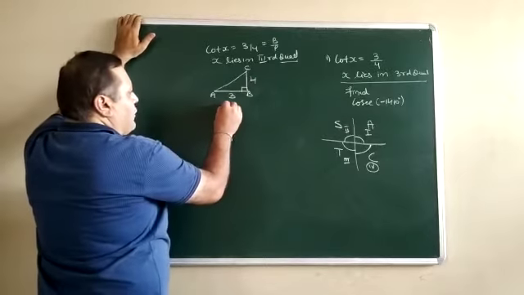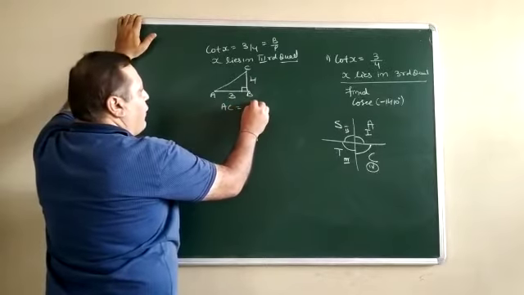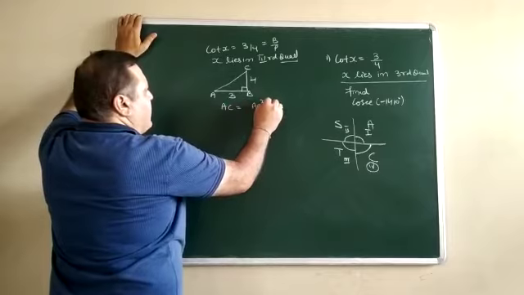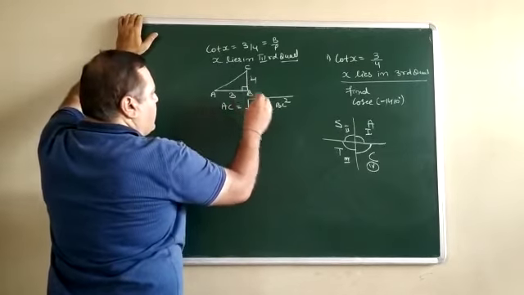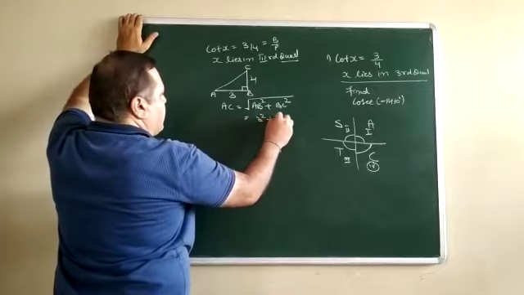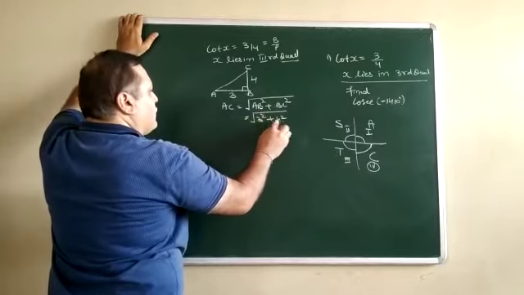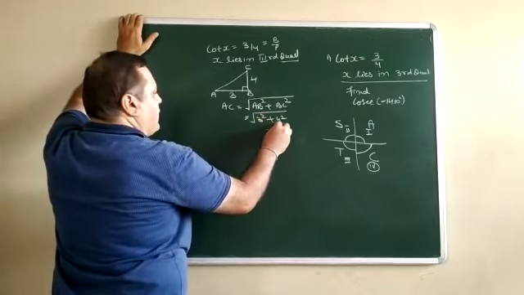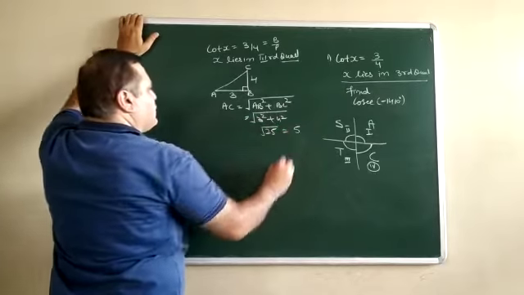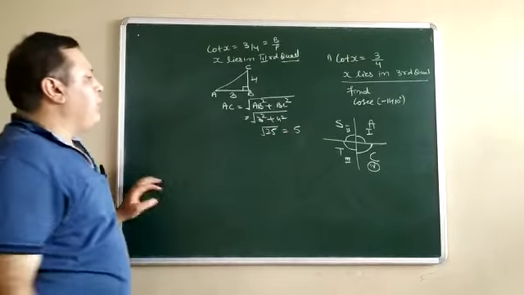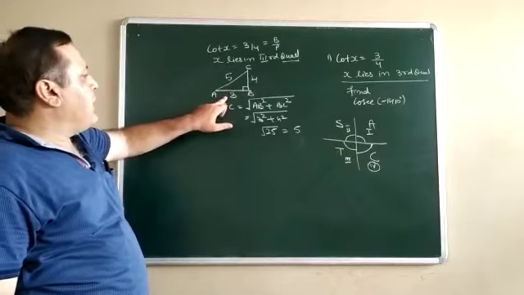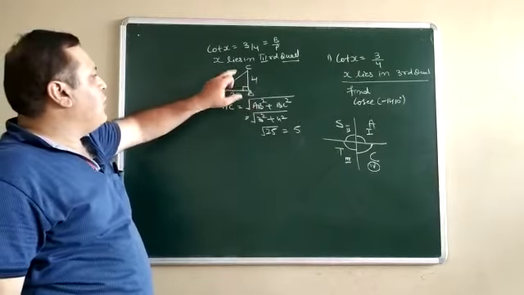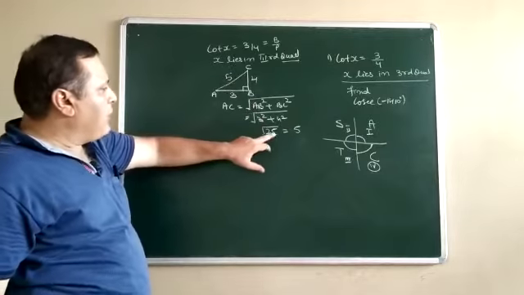According to Pythagoras, you can calculate the value of AC, that is the square root of AB square plus BC square. 3 square plus 4 square, 9 plus 16 is 25, under root that is equal to 5. So the value of AC is equal to 5. Now you know AB, BC and AC, so all values you know.